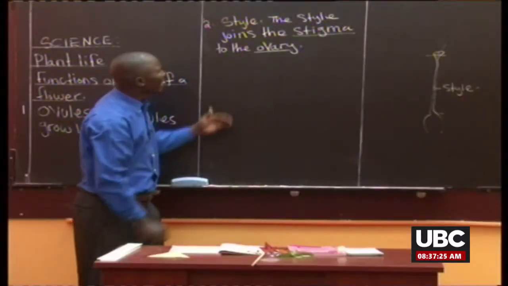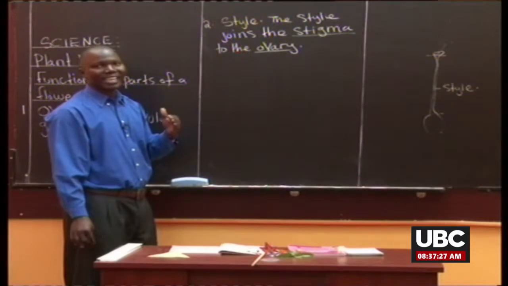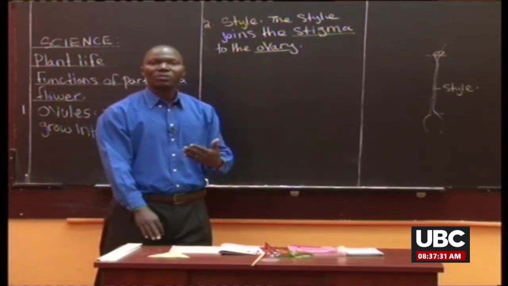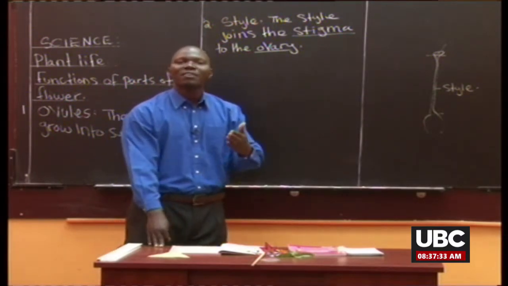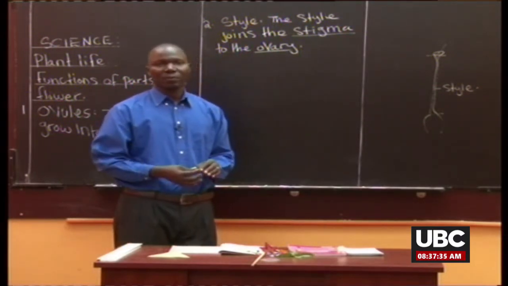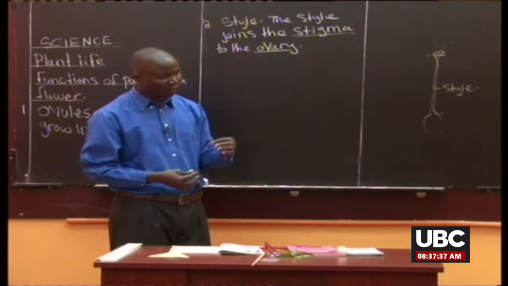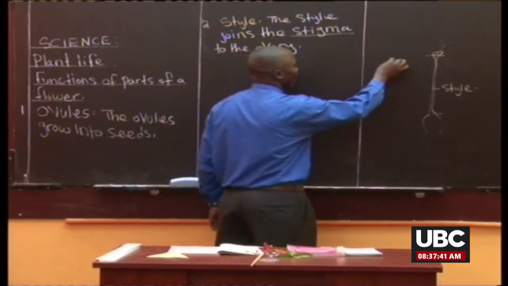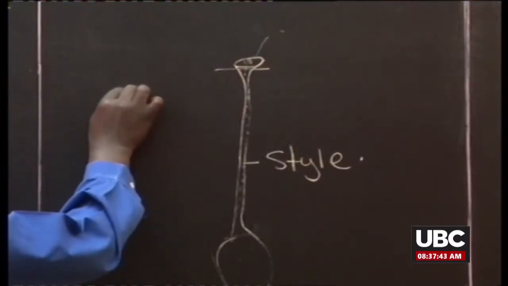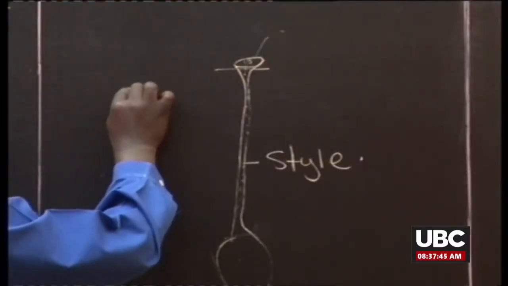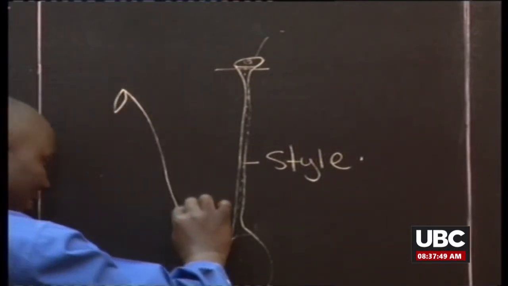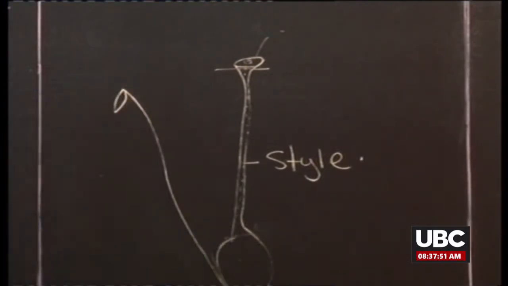Children, talking about the style, there is yet another part which also has a similar function. What's that part? If you look at your flower again, if I drew here, so we have our anthers here, but there is that part that joins it down there.